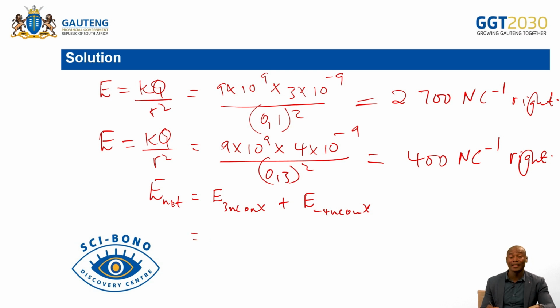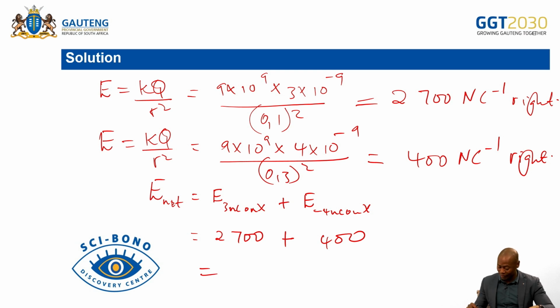So what is E net on X? It is 2,700 plus 400, which is going to be what?